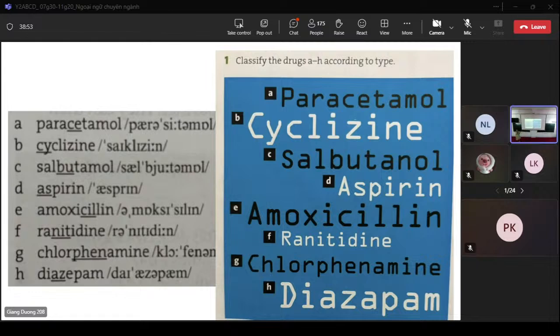Not aspirin, aspirin, aspirin. Okay. If you work in Vietnam, you can pronounce the words in Vietnamese way.